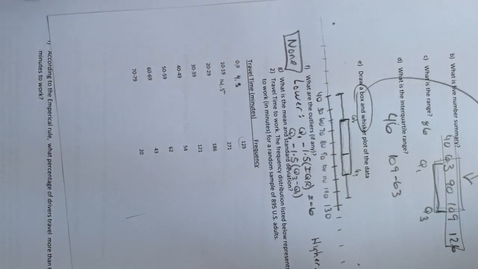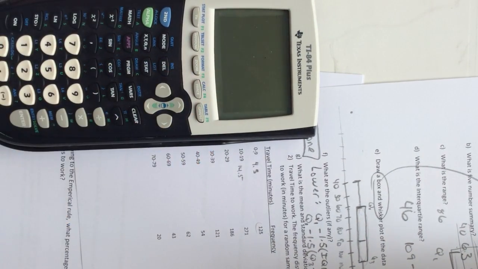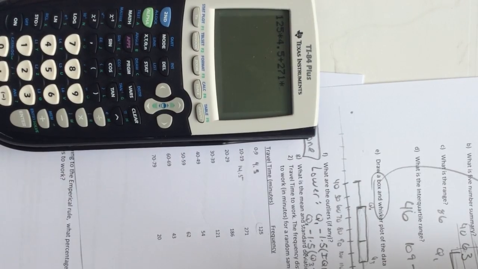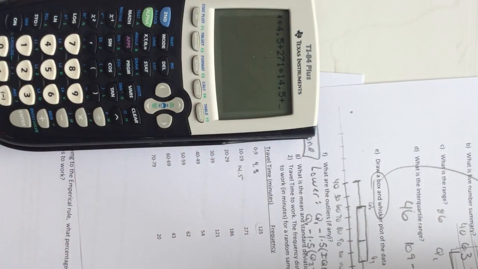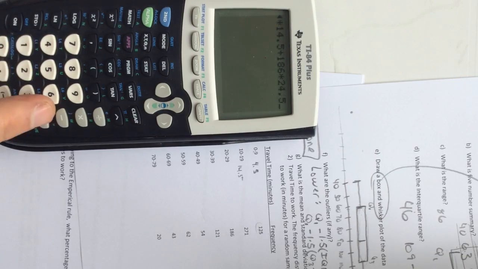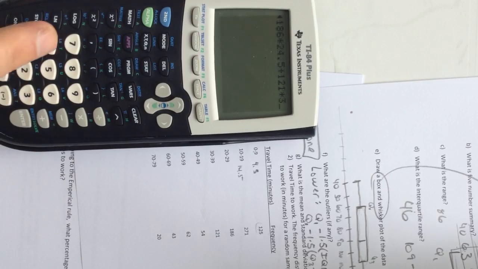So we can do it like this: 125 of the 4.5s, plus 271 times the 14.5s, plus 186 of that middle.